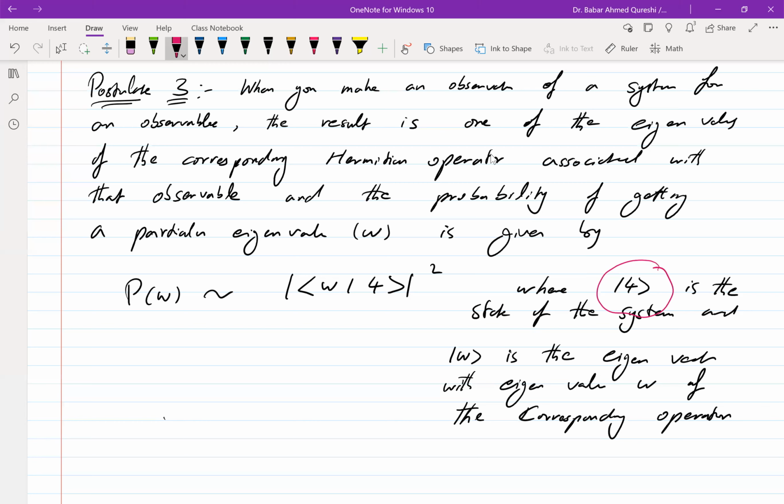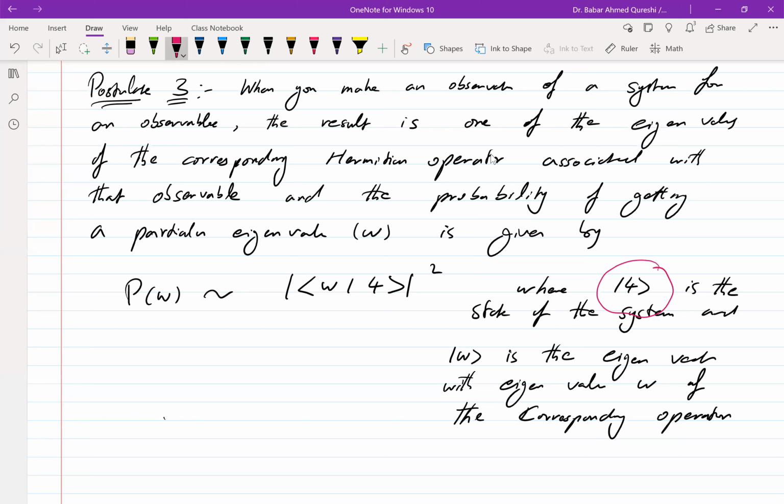As we said when we were discussing that postulate, everything you can know about the system is contained in this vector. Complete description is in this vector. There's nothing more to know except the information contained in this vector.